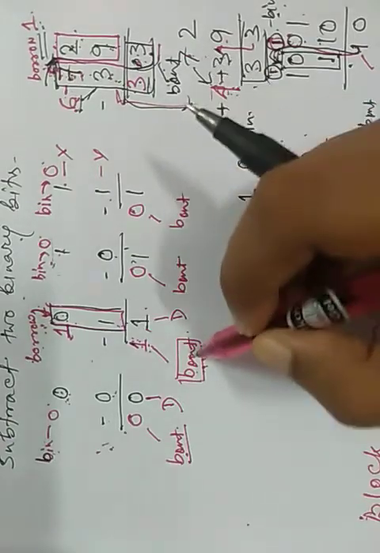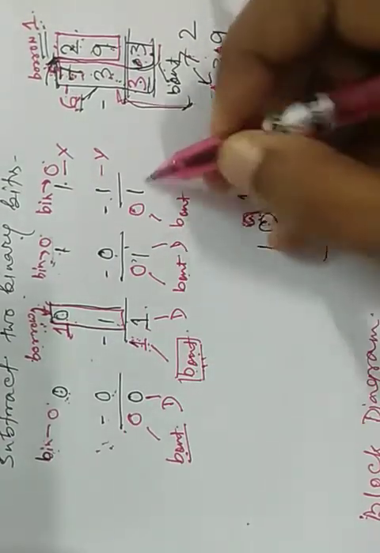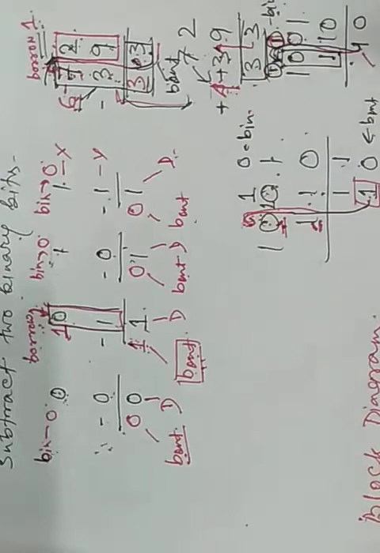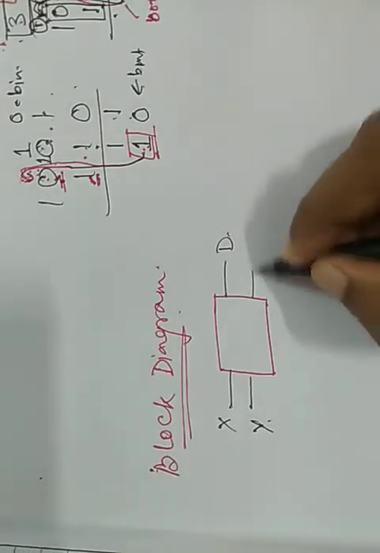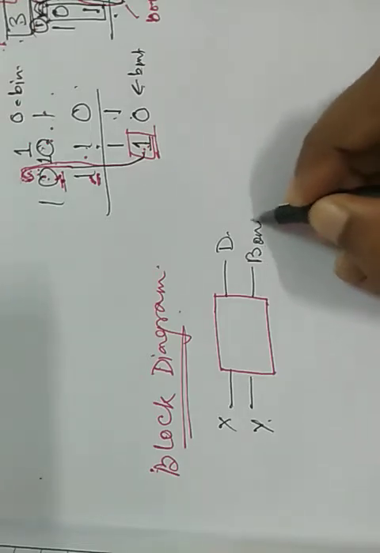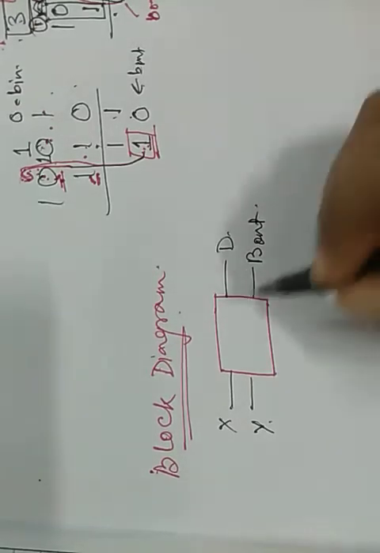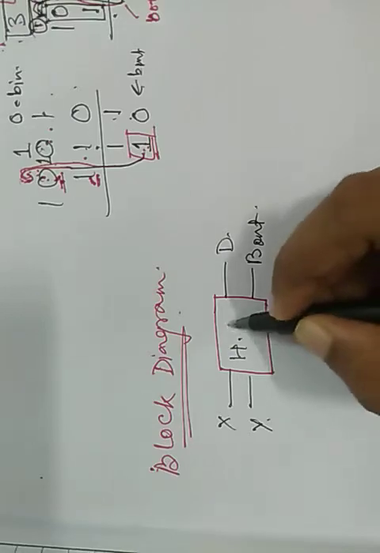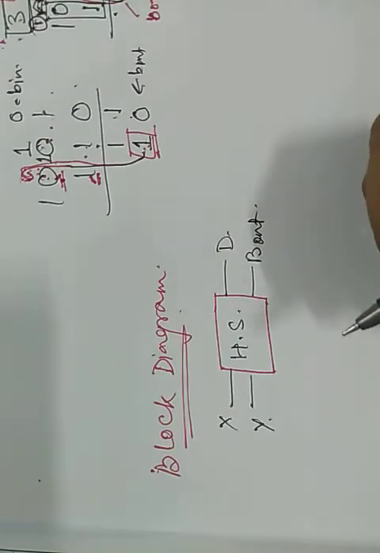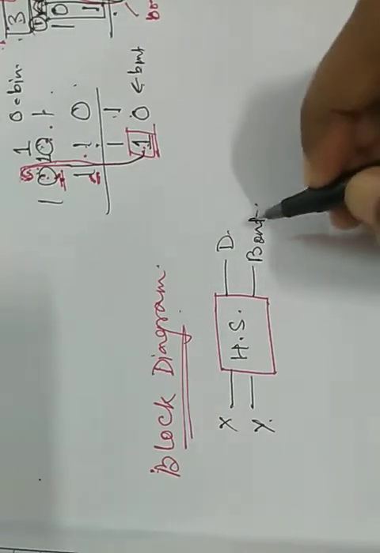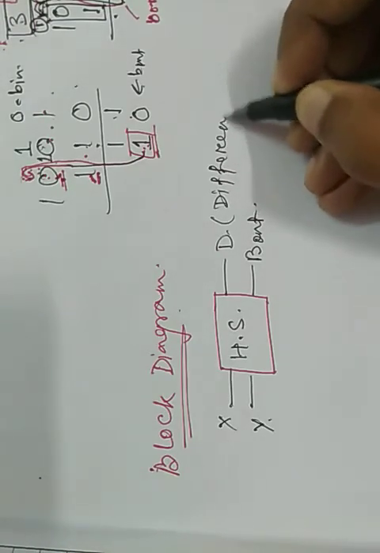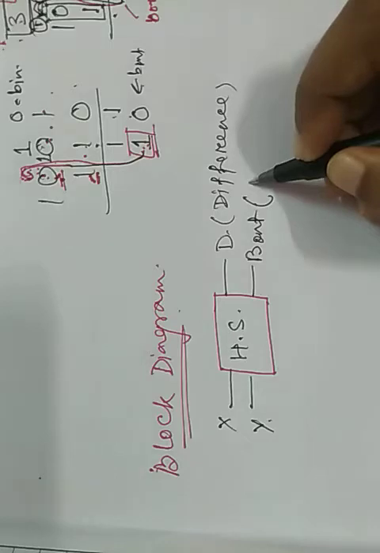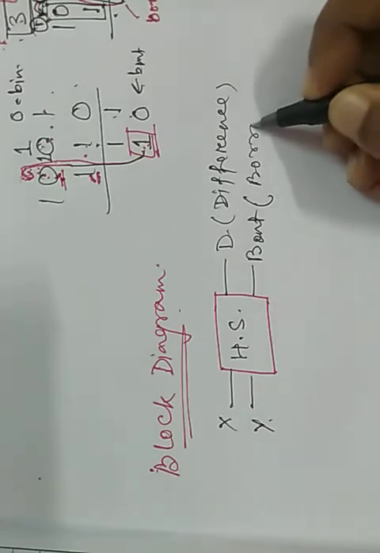So its outputs are difference and borrow out. Okay, so this is our half subtractor block diagram. Clear? This is difference, this is borrow out.